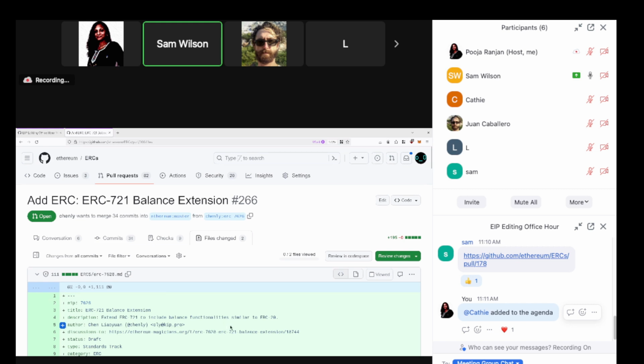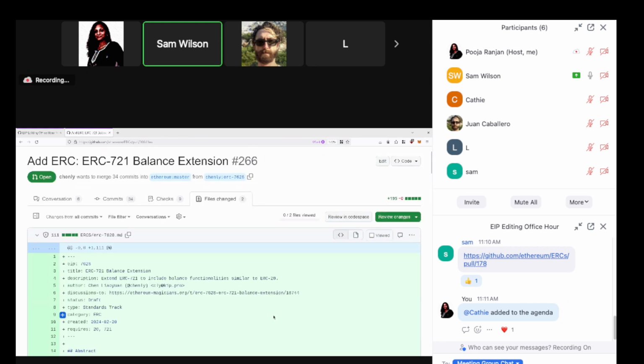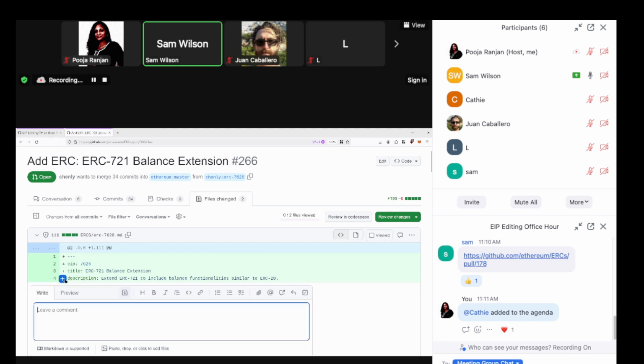To include balance functionality similar to the ERC20. Okay. More detail.